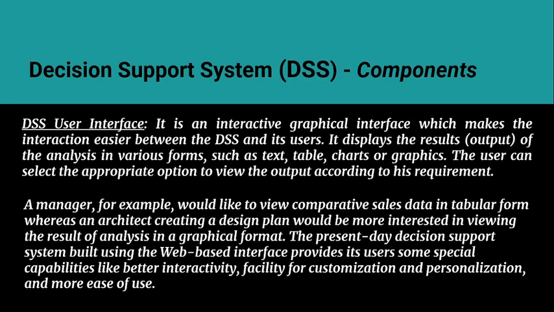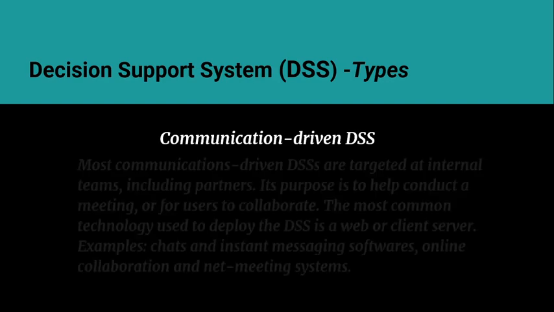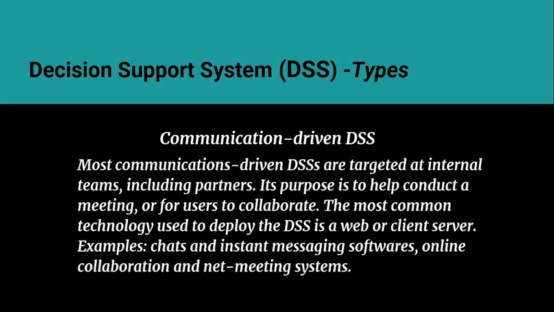Next we are going to see the five major types of decision support system. Let's begin with the first one, the communication-driven decision support system. Most communication-driven decision support systems are targeted at internal teams including partners, with the objective to help in conducting a meeting or for users to collaborate with each other.